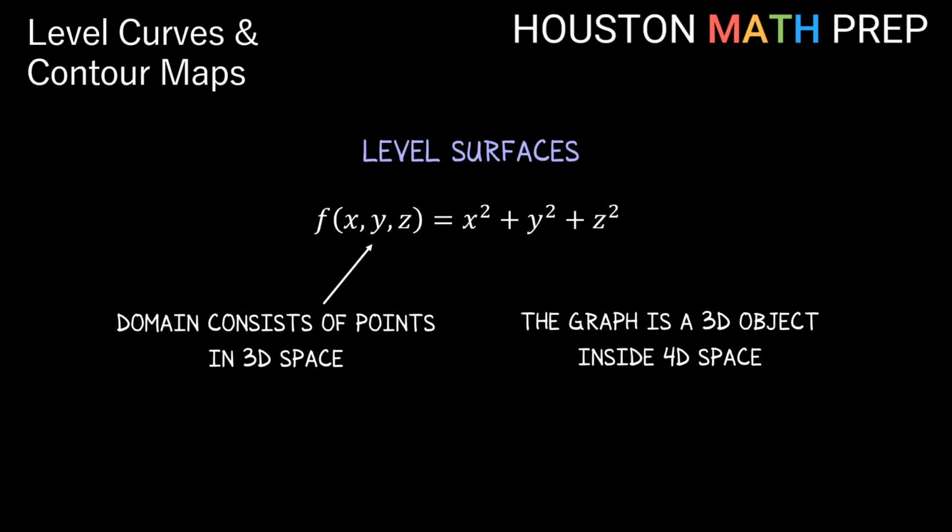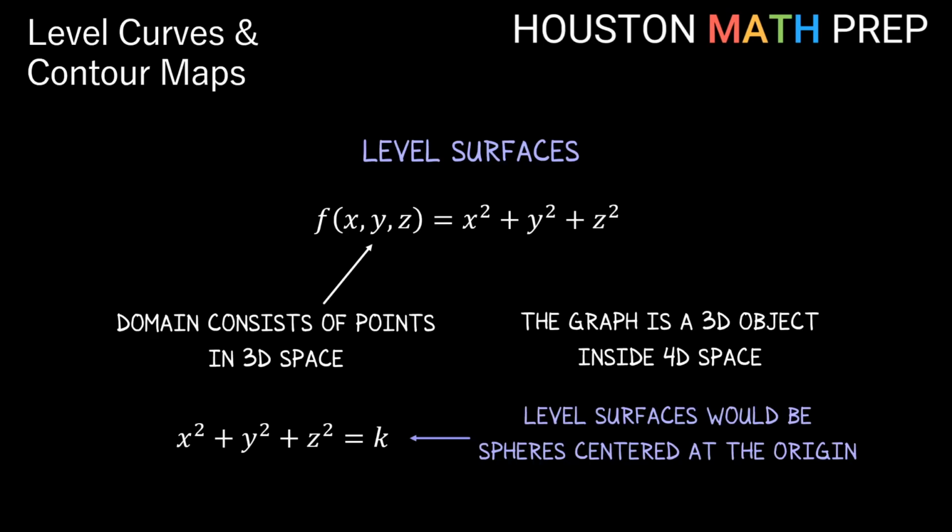But we can gain some understanding of what's going on by looking at the level surfaces of this function. So if we were to set our function equal to different constant values k, then these level surfaces would actually be spheres centered at the origin. So if you take it back to, say, our temperature analogy from the beginning of the video, let's say this was a temperature function.